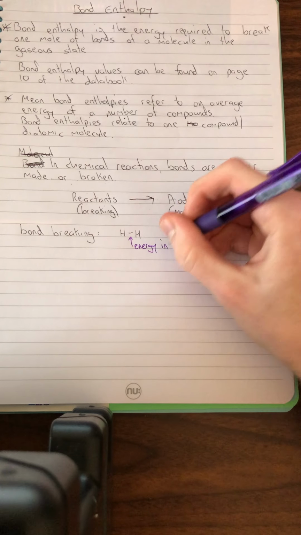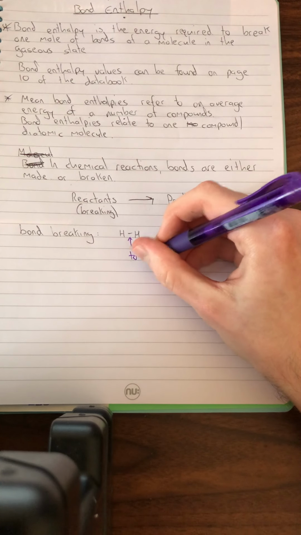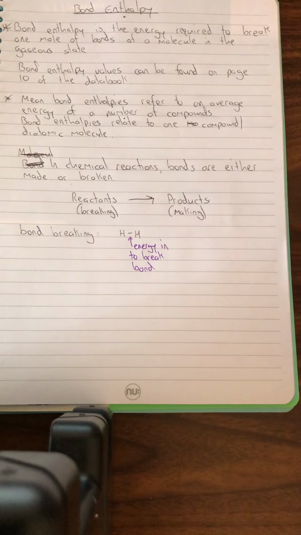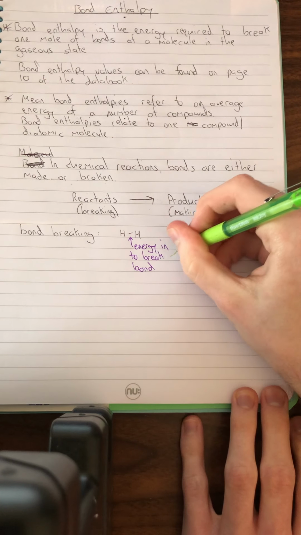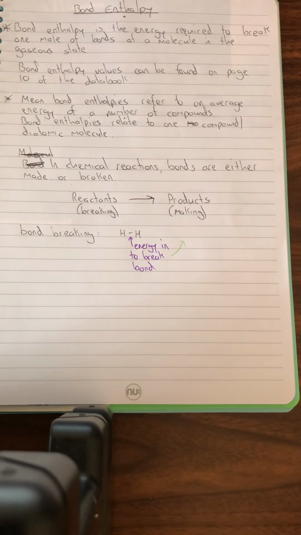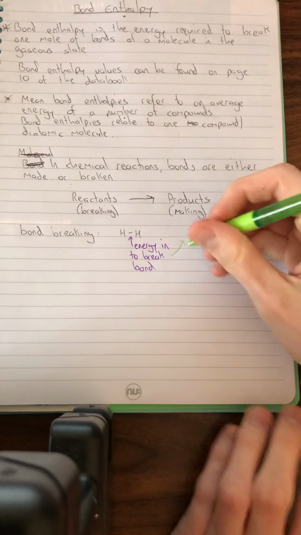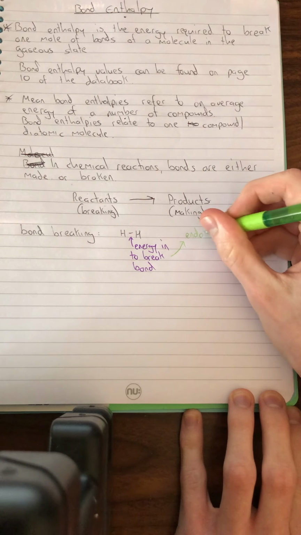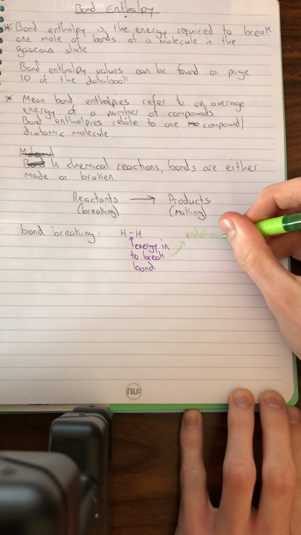Energy in to break a bond. Now, if we're putting energy in, can you remember what type of reaction takes in energy? If we're putting energy in to break, that is an endothermic reaction.